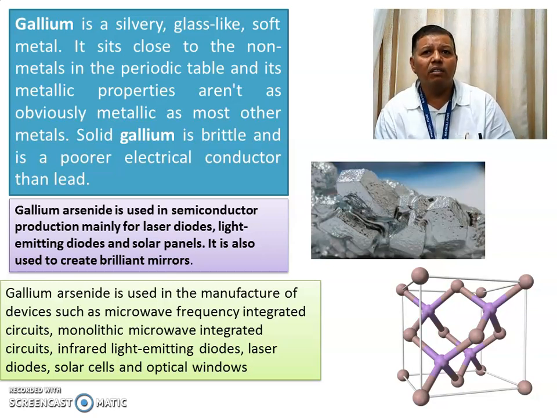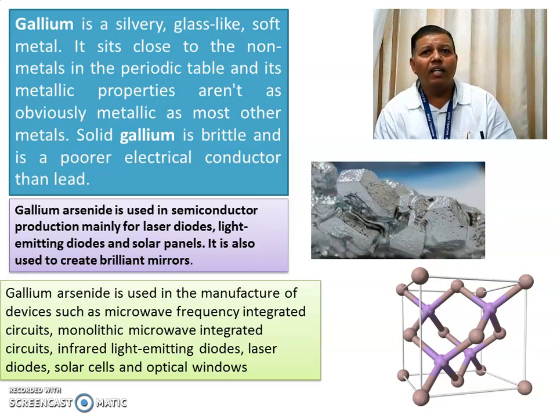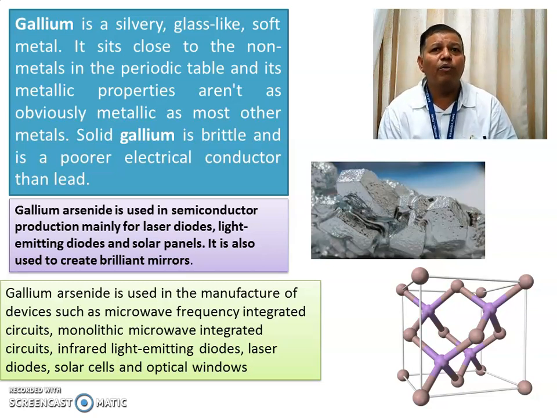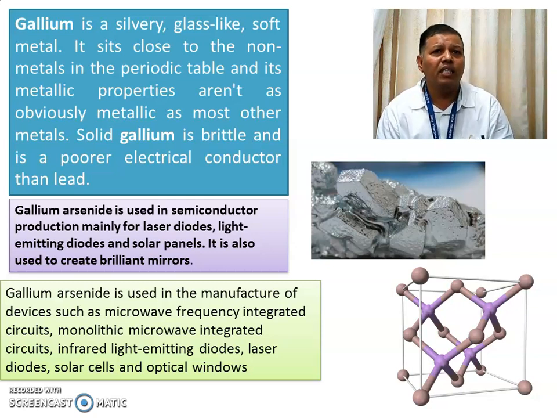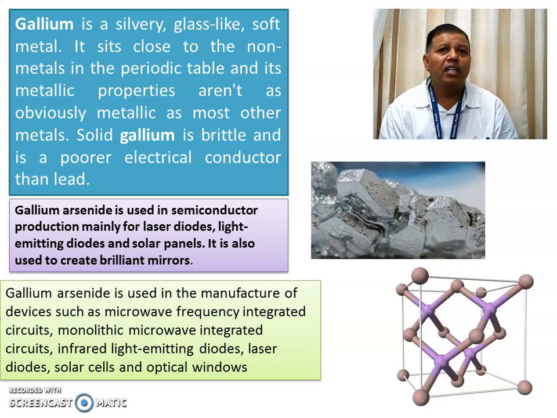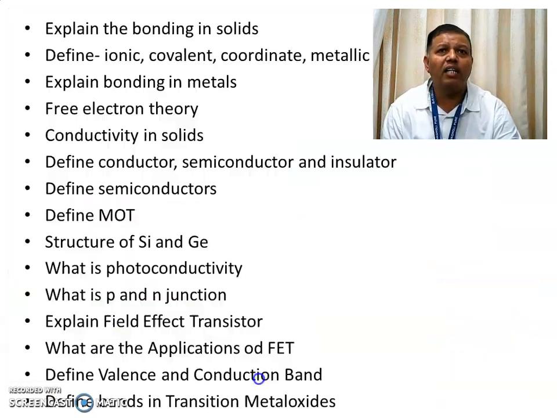Gallium arsenide is a very useful compound, and it is manufactured for devices such as microwave frequency devices, integrated circuits, monolithic microwave integrated circuits, infrared light emitting diodes, laser diodes, solar cells, etc., and in optical windows.